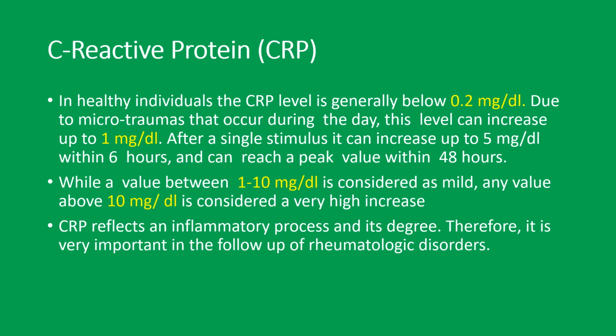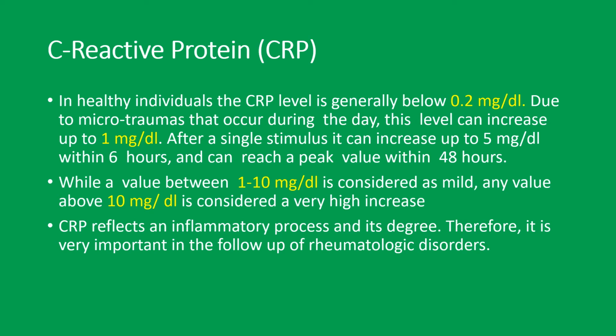In healthy individuals, the CRP level is generally 0.2 mg per dl, but due to microtraumas that occur during the day, this level can actually increase up to 1 mg per dl, which is still considered normal. After a single stimulus, it can increase up to 5 mg per dl within 6 hours and can reach a peak value within 48 hours.